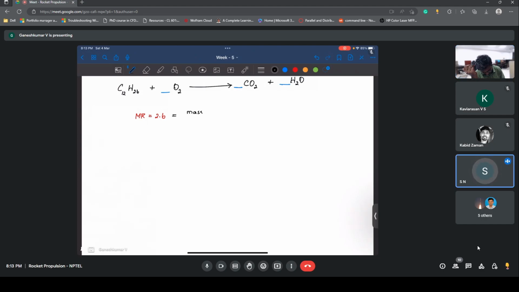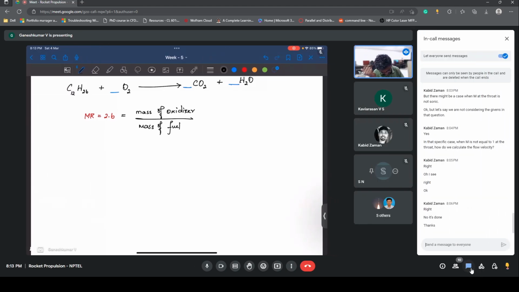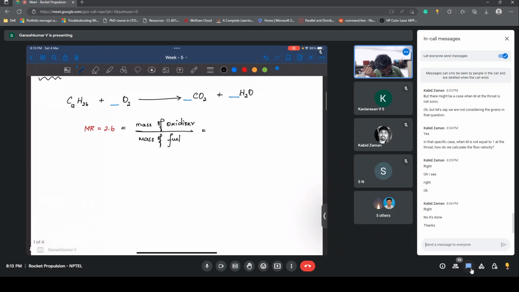It is the mass of oxidizer by mass of fuel, exactly. In this case, the oxidizer is O2. So how do we write the mass of oxidizer?